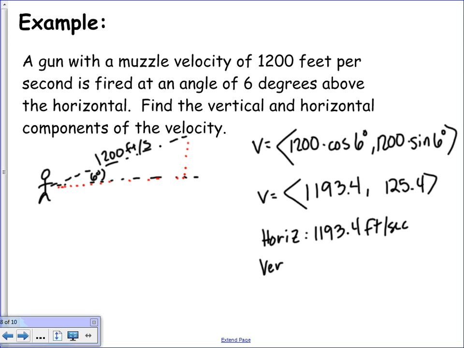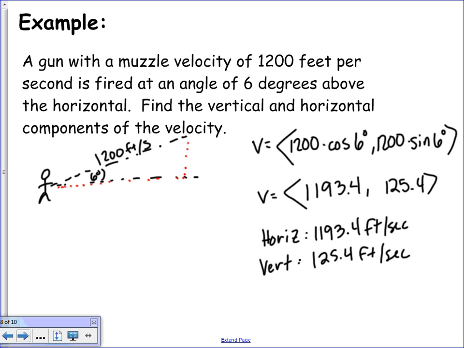And then the vertical component of my velocity would be 125.4 feet per second. So if I understand that that question is just asking about horizontal and vertical components, which I can easily spot in component form, then I realize that isn't a really super hard question. It's just kind of figuring out what it is that it's asking.